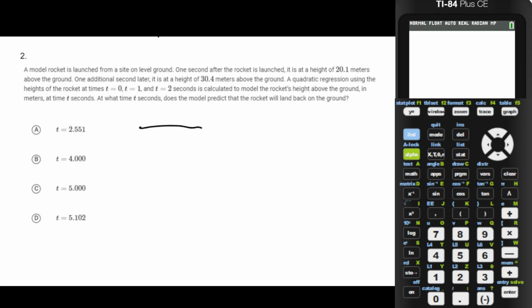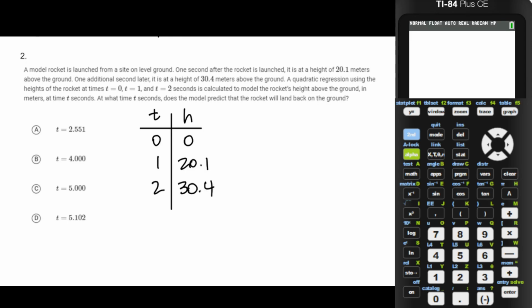So we're going to need 3 data points, run a regression, and predict when the rocket will land back on the ground. Launched from level ground, so h of 0 equals 0. After 1 second it's 20.1, and 1 additional second later it's 30.4.